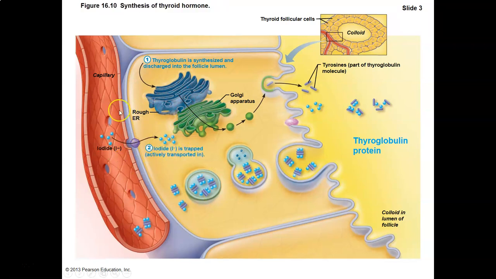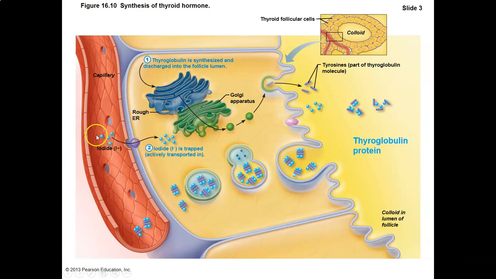The first step in producing thyroid hormone is the transport of iodide ion. Iodine is I2, and iodide ion is this I- ion that comes from your diet, from eating things like iodized salt and potatoes, and it's transported aggressively into the thyroid gland.